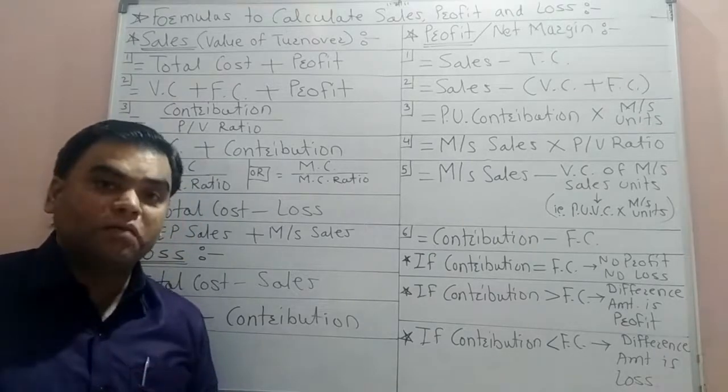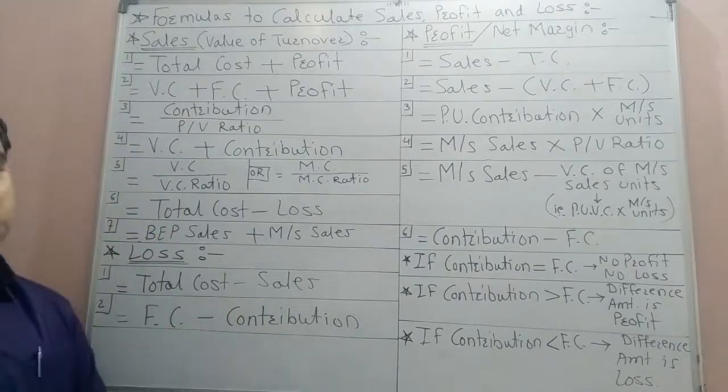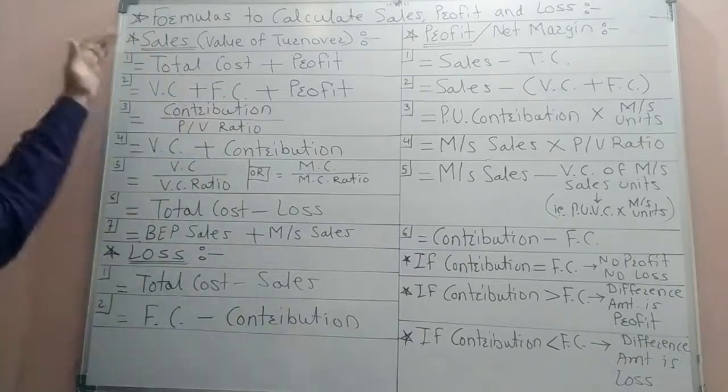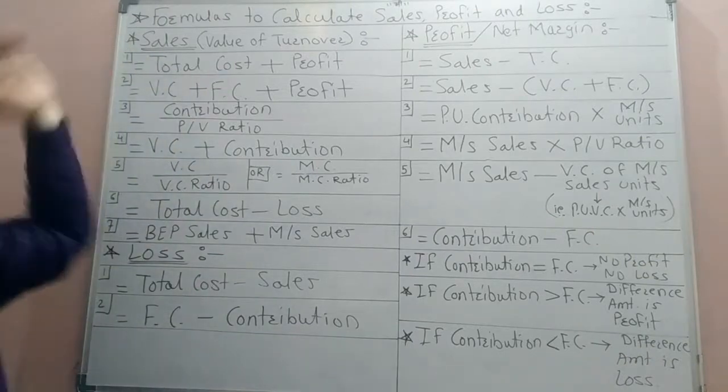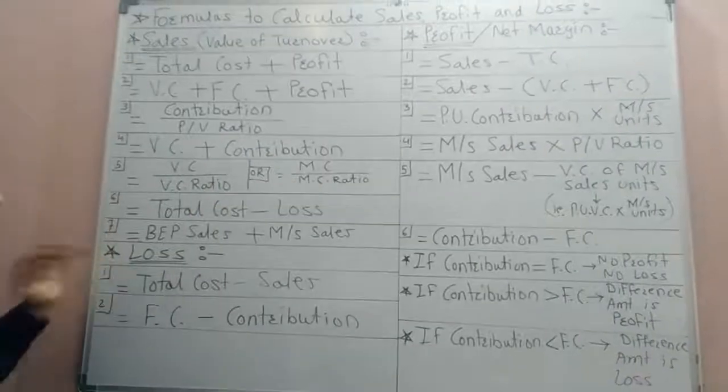Cost not recovered means loss. In that way this formula works. So up to this stage what did we discuss? We have discussed 7 formulas to calculate sales, 6 formulas to calculate profit, and 2 formulas to calculate loss.